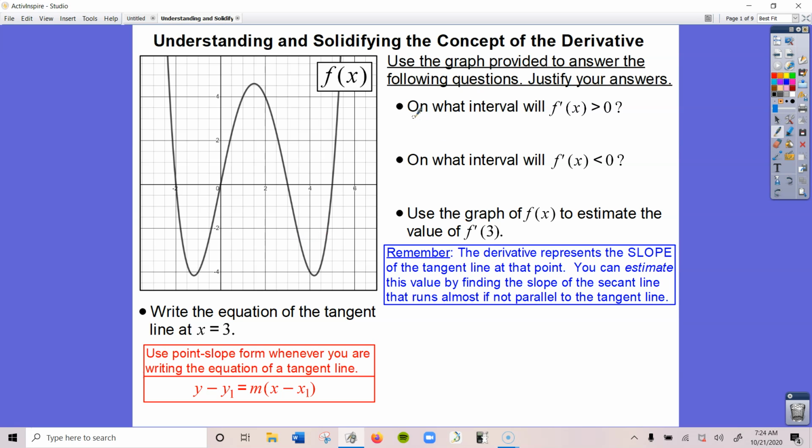So in this first question, on what interval will f prime of x be greater than 0? Now sometimes it's easier to think of the justification for it first, so that way you know what to look for on the graph. I know that f prime of x is greater than 0 when my function would be increasing. So if I look here, my function starts to increase at this point in time, and then it's going up until this point.